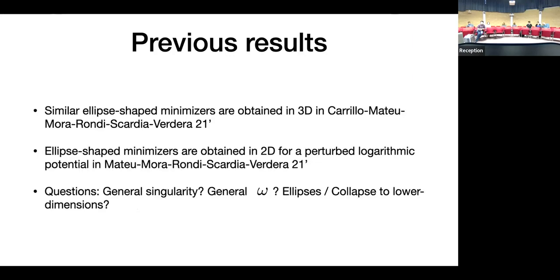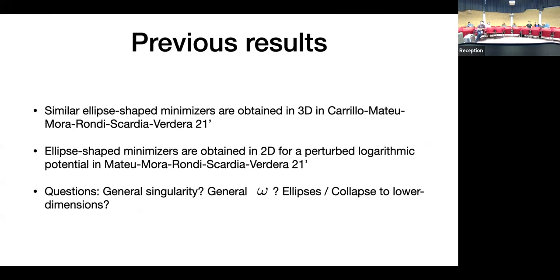Okay, and there have been some extensions of this kind of results. For example, in the three-dimensional case, the same group of people in 2021 gave a result on one particular angular distribution, and they also obtained ellipse-shaped minimizers.